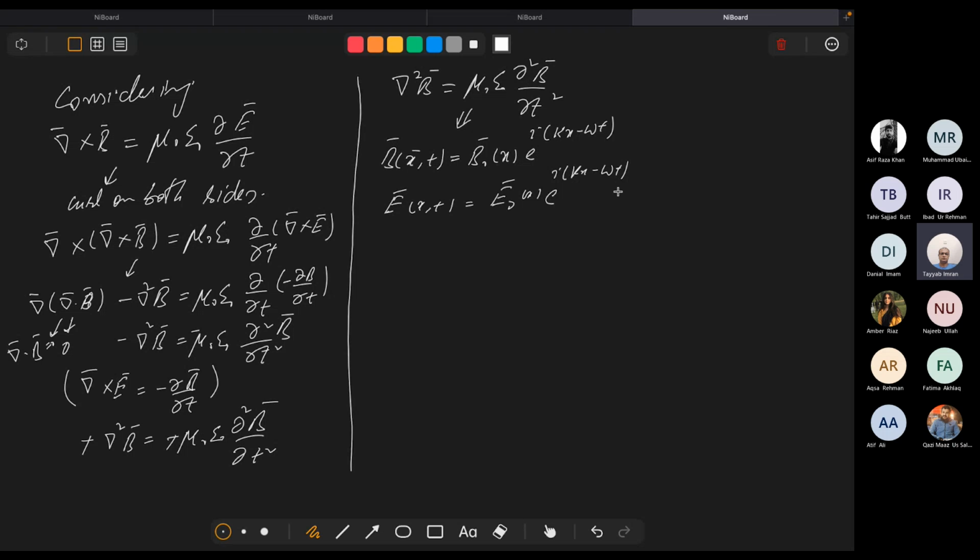Basically we use the Maxwell equations, modify them a bit and make some changes, and we get a wave equation. The solution of this wave equation is mentioned like this. Okay, this is the solution of the equation. Now we move further.